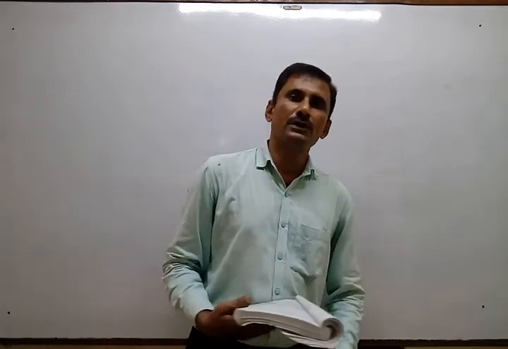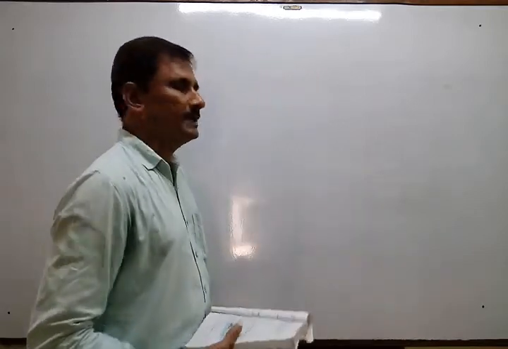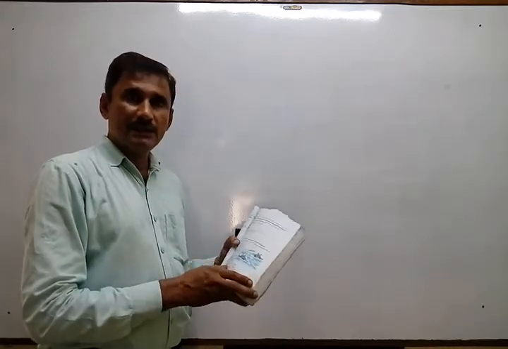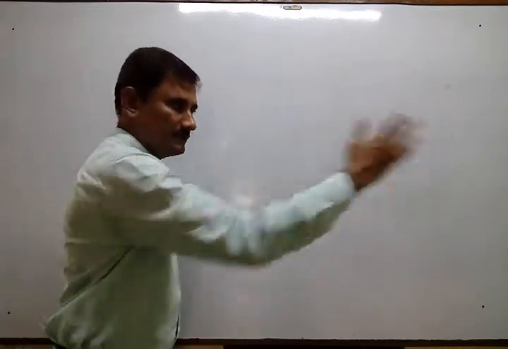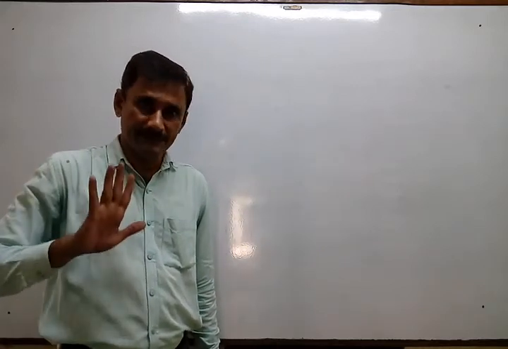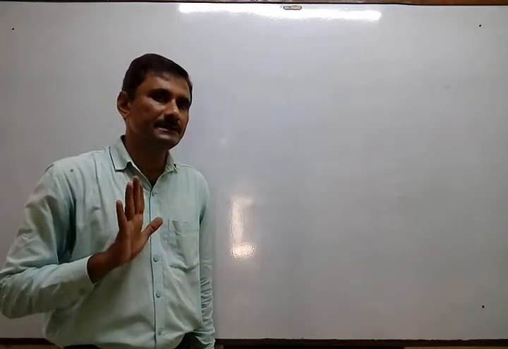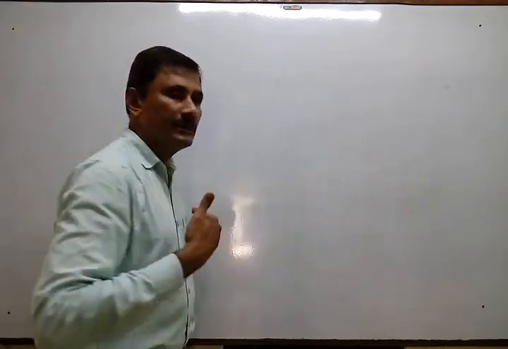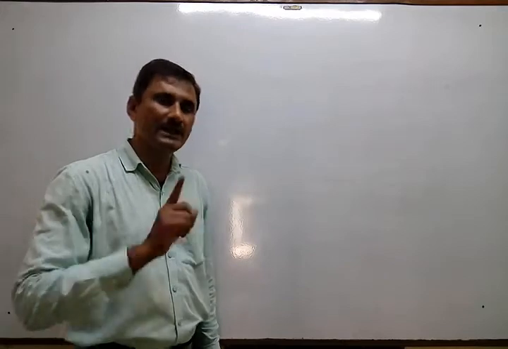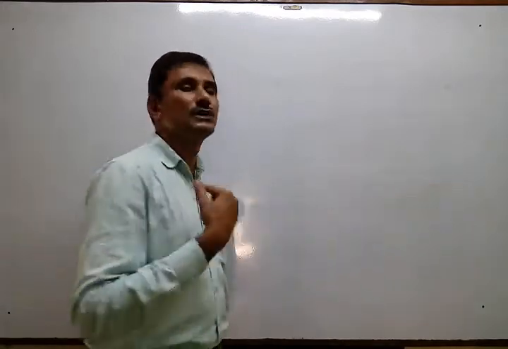So here you notice the case is the same, just like the exercise, but in the exercise only the time of downstream and the time of coming back were given. Here what is the difference? First trip time is given, go and come, their total time is given, and the second trip time is also given.